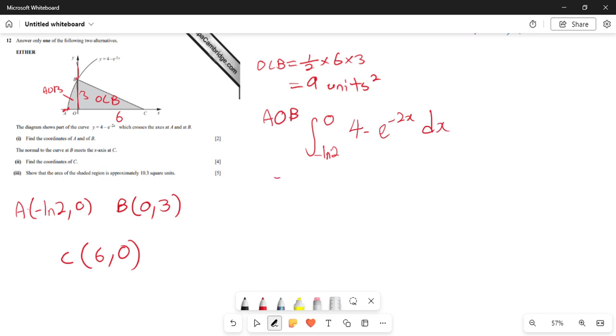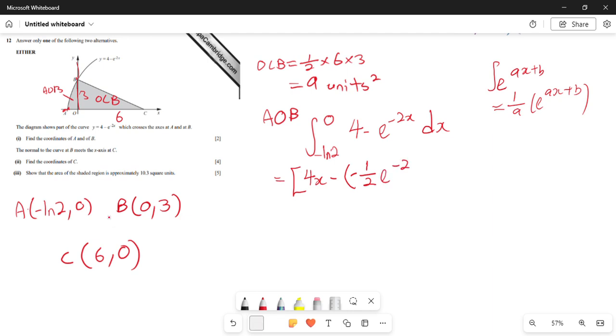Okay, then now I have to integrate. This is for x. There's another rule. For ax plus b, when I integrate, you will get 1 over a times ax plus b. So 1 over a, which is negative, for now this will be a little bit hard, negative 1 over 2, e negative 2x.